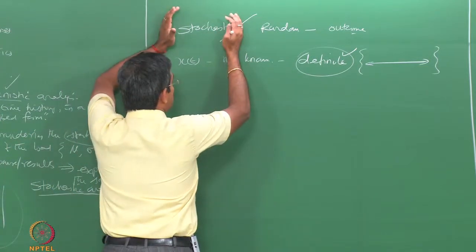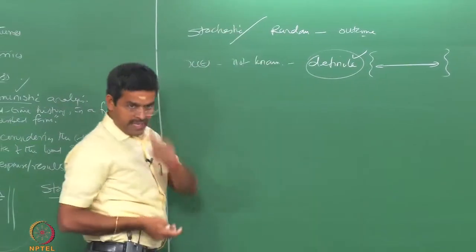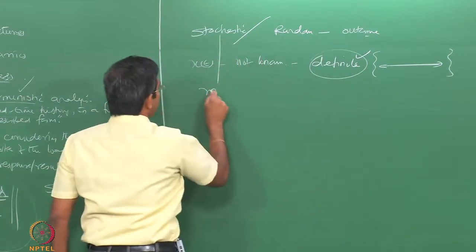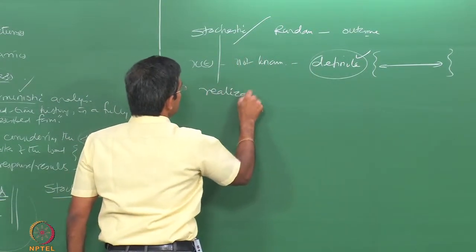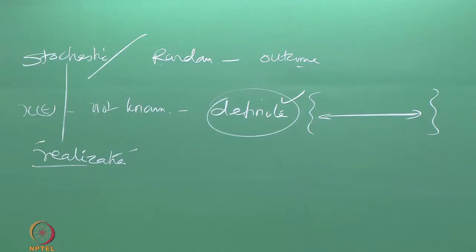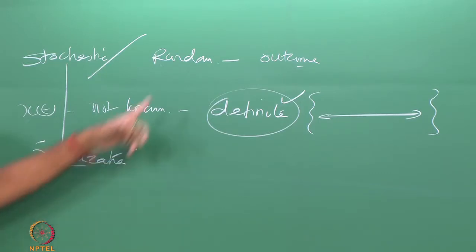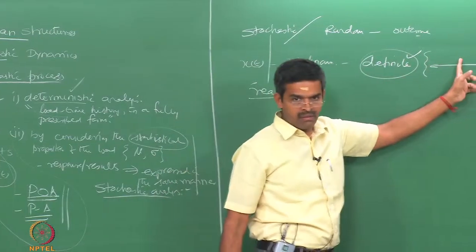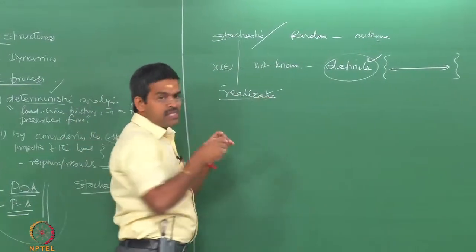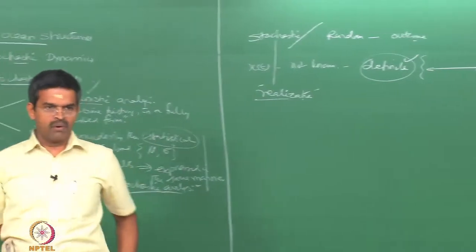Stochastic process is also a random process, except that the outcome which you refer to in random is called realization in stochastic. What does it mean? Stochastic process has got more physical definition compared to random process. Random process has got mathematical definition, whereas stochastic process has got physical definition, because these values are physical realization of the given process.